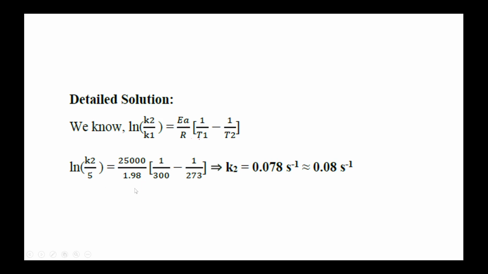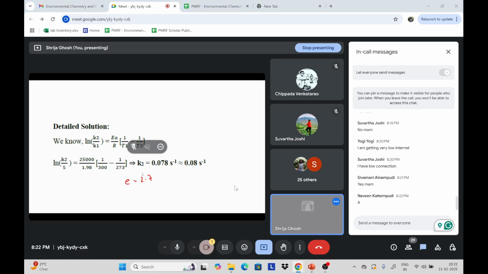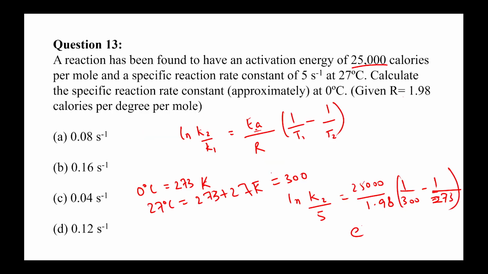Then take the whole thing as a power of E. The value of E I told you is 2.7. Okay, E is equal to approximately 2.7. In your calculators, you will find the value of E also. You can just take the power of E for the whole thing and then multiply it by 5. Okay. So the correct answer is 0.08 per second. That is option A.